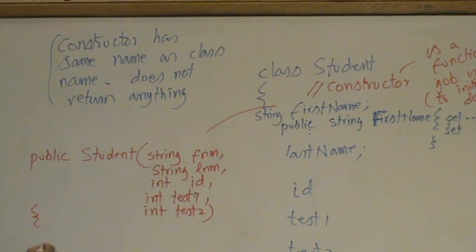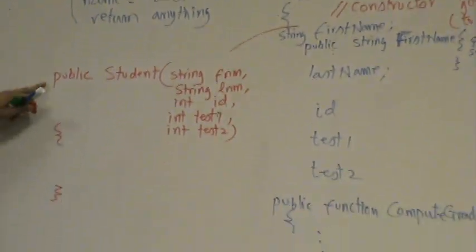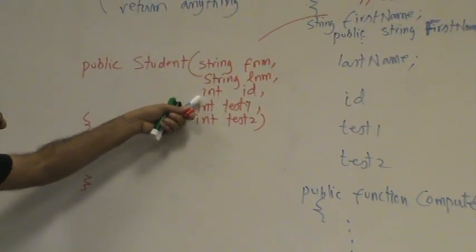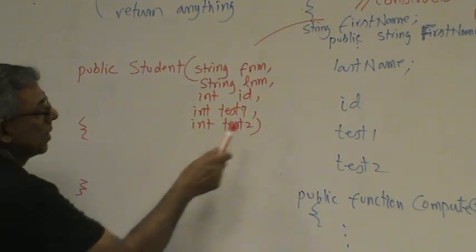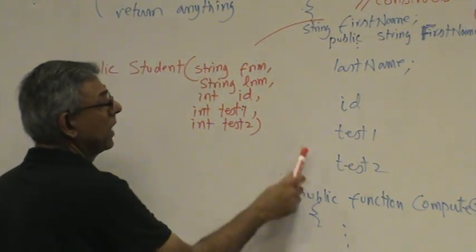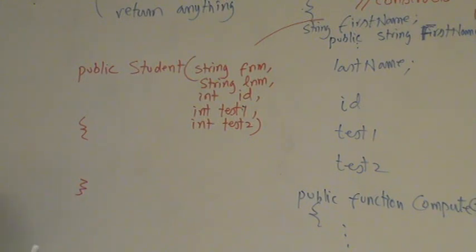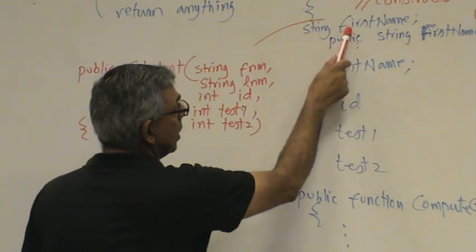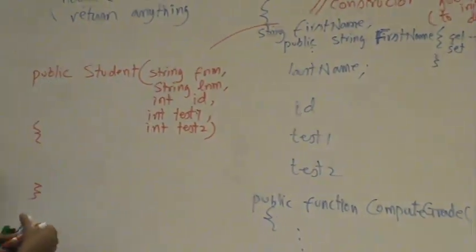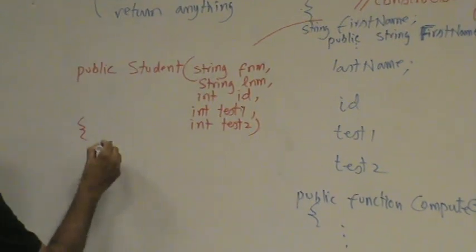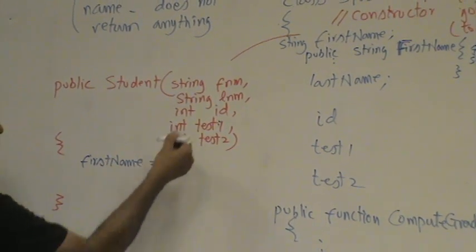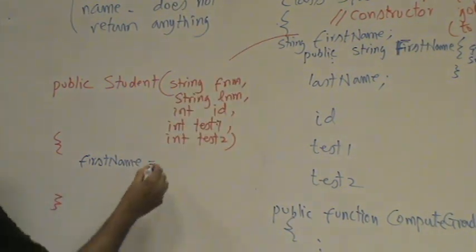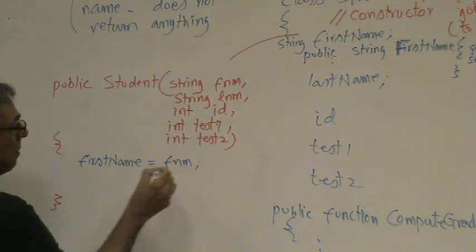Okay, so whoever calls this function will give us 5 pieces of information, and all we will do is take each one of those and store them in our own private fields. Okay, so what's our first private field called? First name. So the code over here will simply say first name equal to whatever we are receiving over here, for example, FNM.